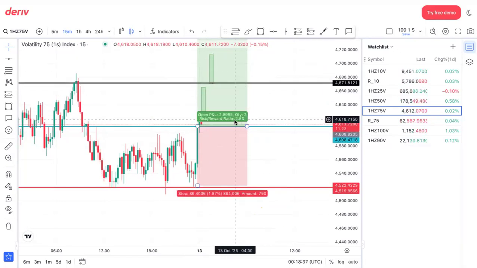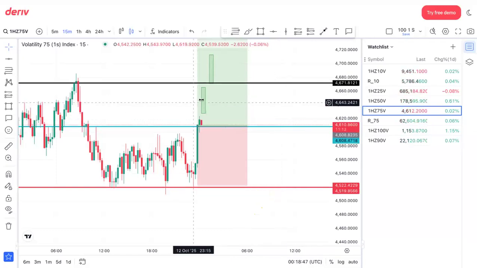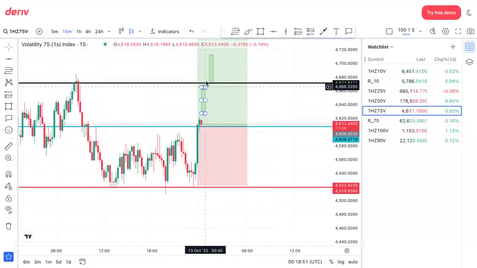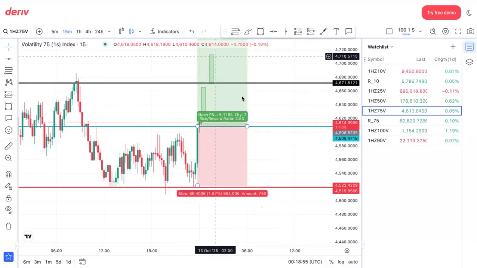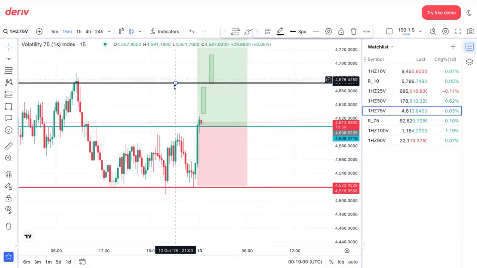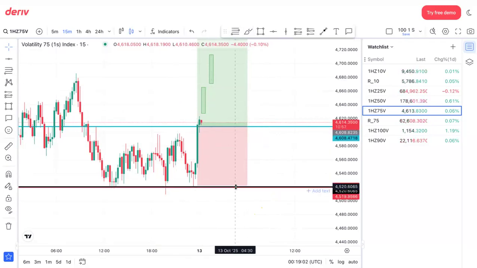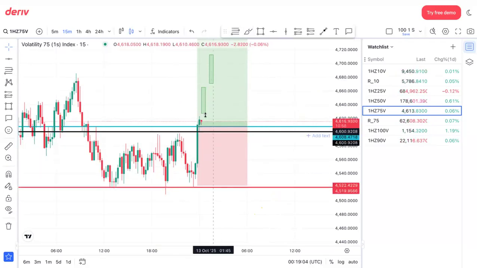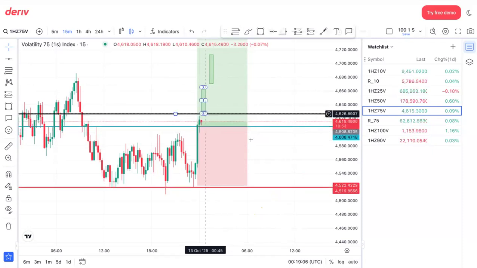When the second candle pushes up and closes, and you get the third candle pushing up with volume, you're then going to move your stop loss from down here to underneath the second candle.